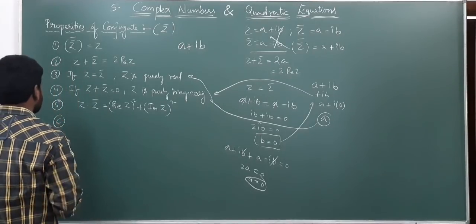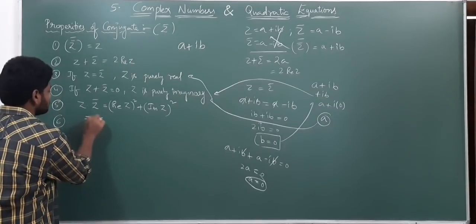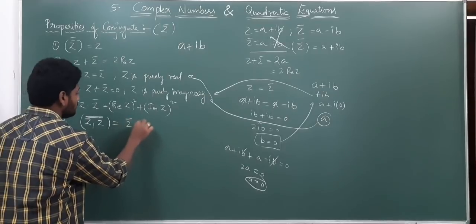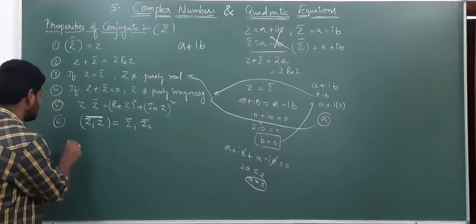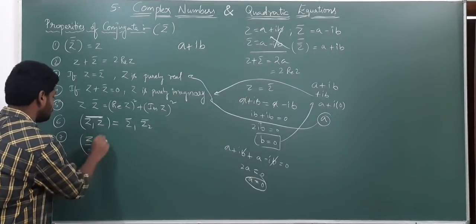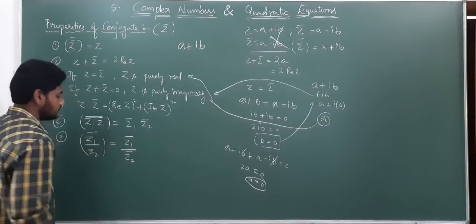Again we have some more properties. Z1 z2 whole bar is nothing but z1 bar into z2 bar. Next, z1 by z2 whole bar is equal to z1 bar by z2 bar.